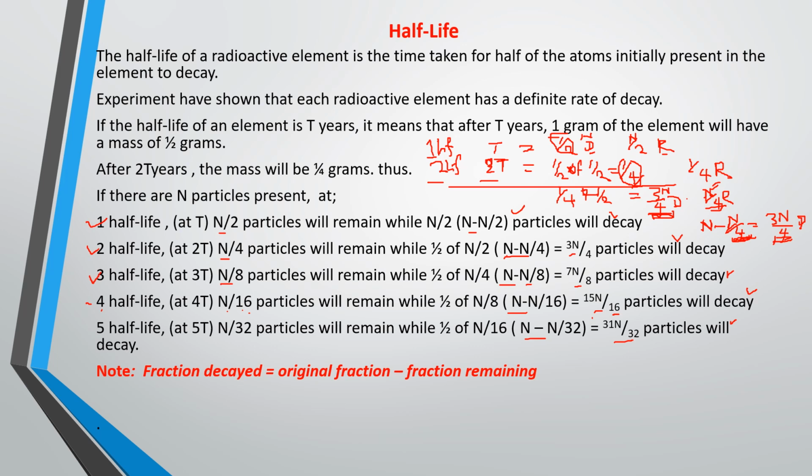You should know that at 3 half-life, the amount of substance that will have decayed is 7 times the initial amount of substance all over 8. Then the amount that will remain will just be n over 8 of that substance. If they say at 4 half-life, what amount of substance will have decayed? It is 15 over 16 of that amount, then n over 16 will remain. Simple. So this is what I've summarized on the table.